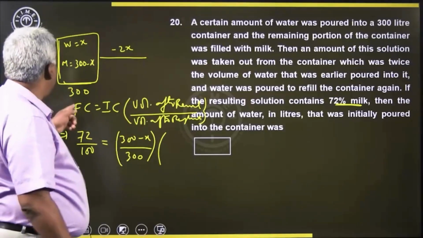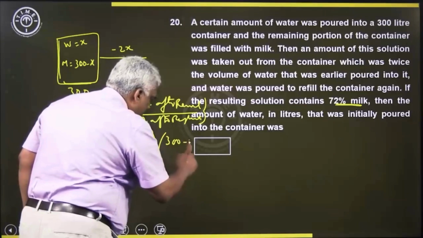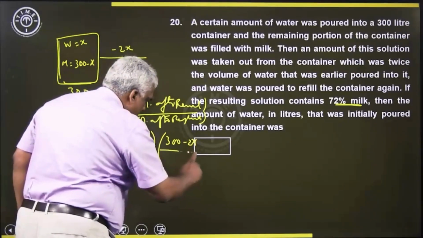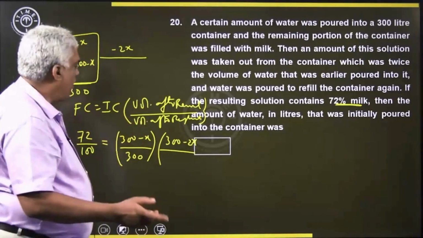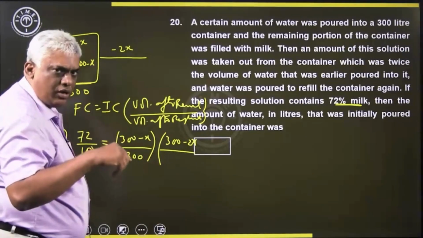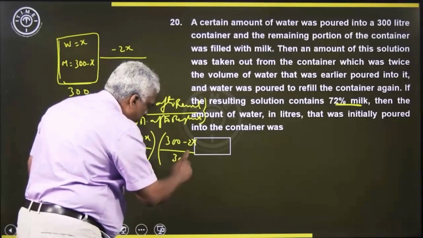Now we have the volume after removal: 300, and 2X is taken, so this is 300 minus 2X, divided by the volume after replacement. Again we are putting in 2X water, so the volume will again become 300, right.